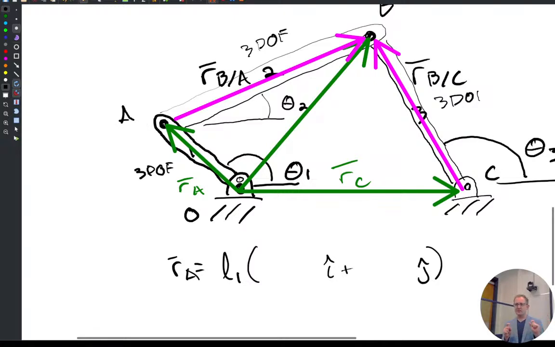It's going to have some unit vector describing where it's at. What is that unit vector? Where is it pointing?